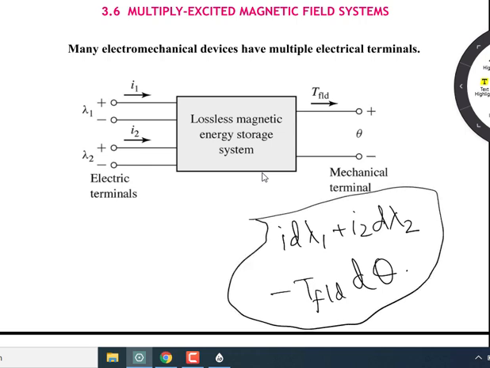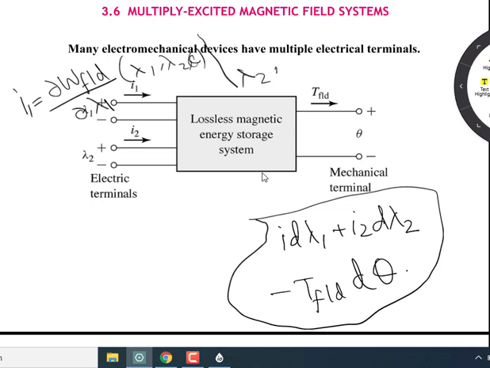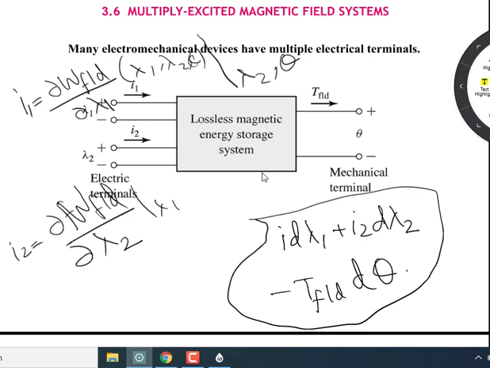So we can write I1 is equal to delta W_field by delta lambda 1. Actually it is a function of three elements, lambda 1, lambda 2 and theta, keeping lambda 2 and theta constant. Similarly I2 can be found out as dW_field by delta lambda 2, keeping lambda 1 and theta constant.